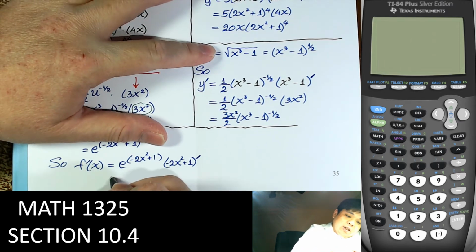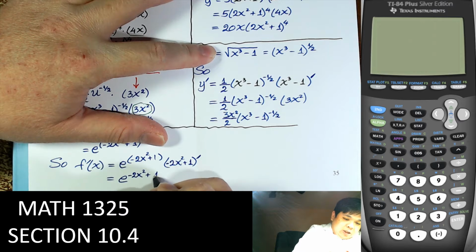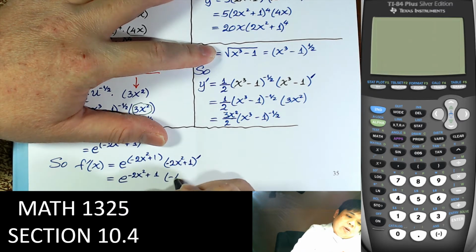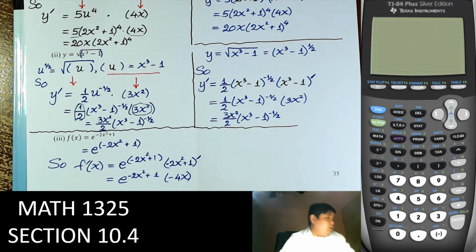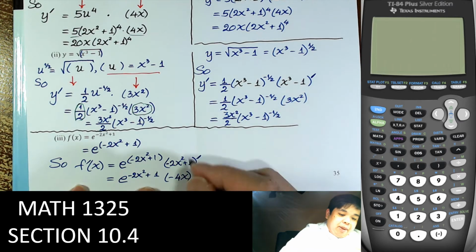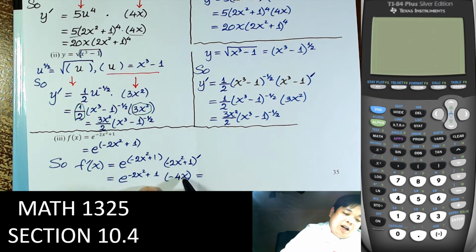So e to the negative 2x squared plus 1, times the derivative, which is negative 4x.